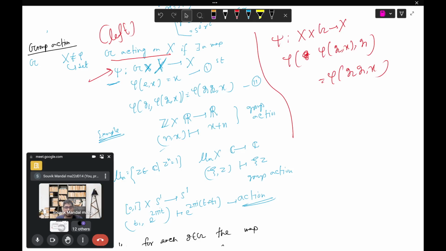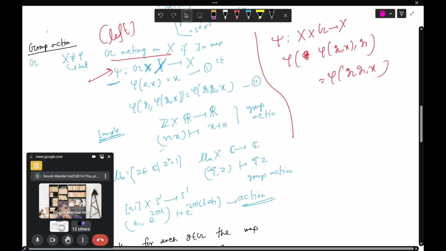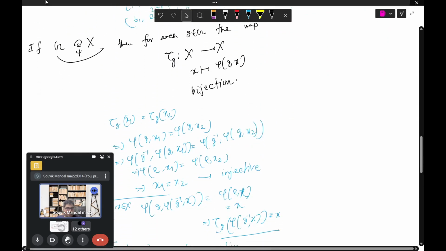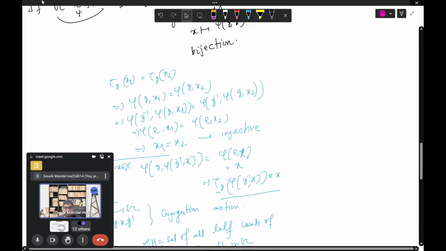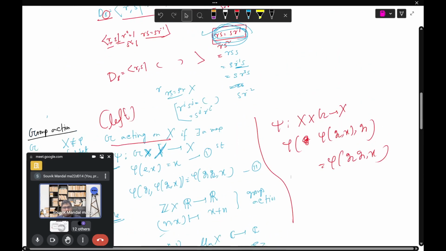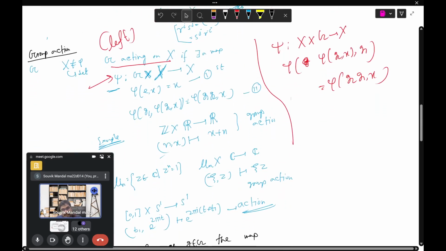Actually, sir, the definition still looks similar. Can you explain again? Yes, the definition is absolutely similar. In reality, there is no difference. What does it mean that a left action is a right action?